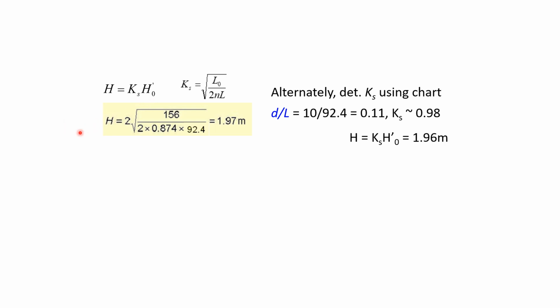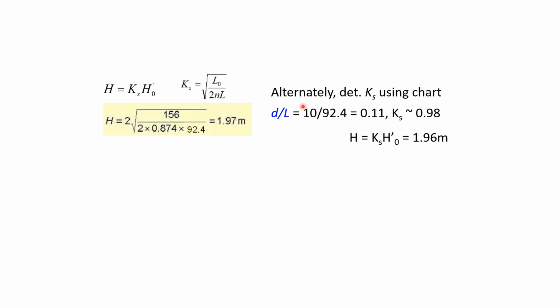We have n, 0.874, the value at the water depth of 10 meters, and the wavelength at the water depth of 10 meters is 92.4 meters. So with all this, we are able to calculate that the wave height at 10 meters is 1.97 meters, which in fact is slightly lower than 2 meters.